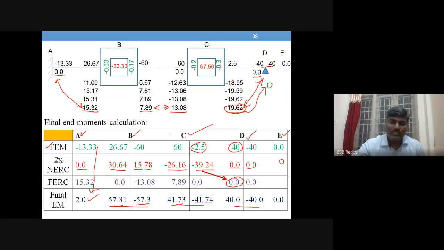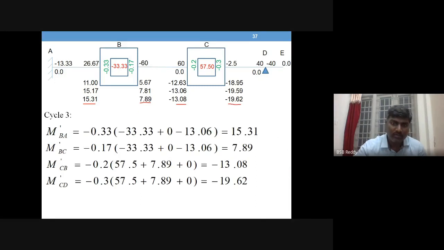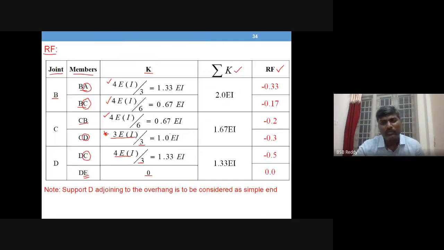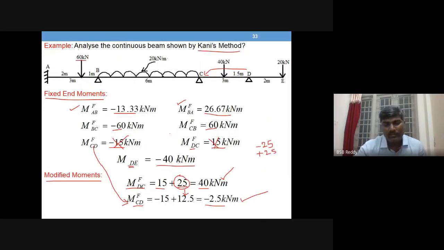So to briefly let you know the possible changes: moments shall be modified for the portion which is adjoining to the cantilever, so that MFCD and MFDC values will be modified.